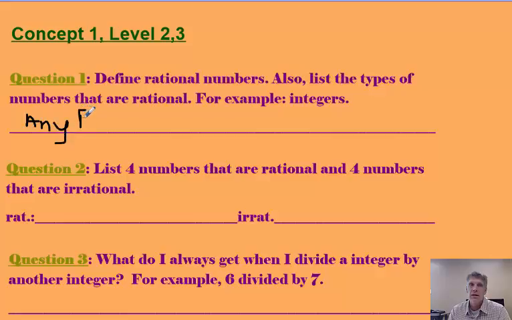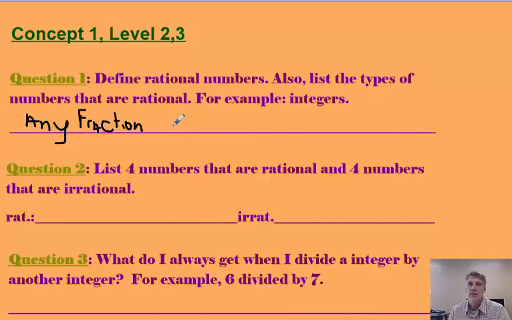So if I can write it as a fraction, it's going to be a rational number. So basically anything I can make into a fraction, or any type of number I can write as a fraction, is going to be a rational number. Or remember, A and B have to both be integers, and B cannot be 0.